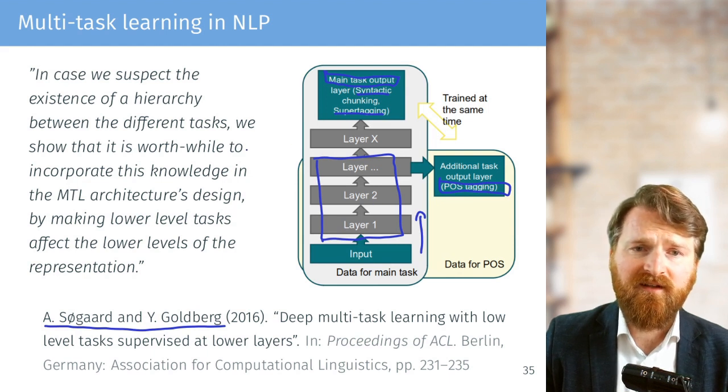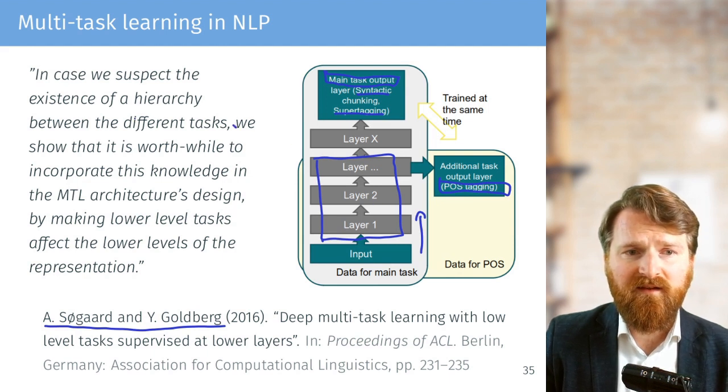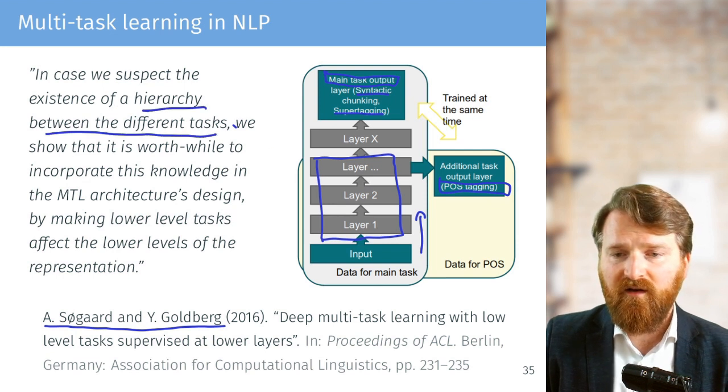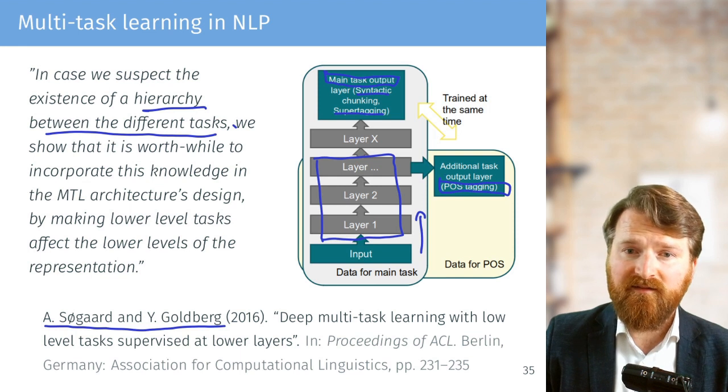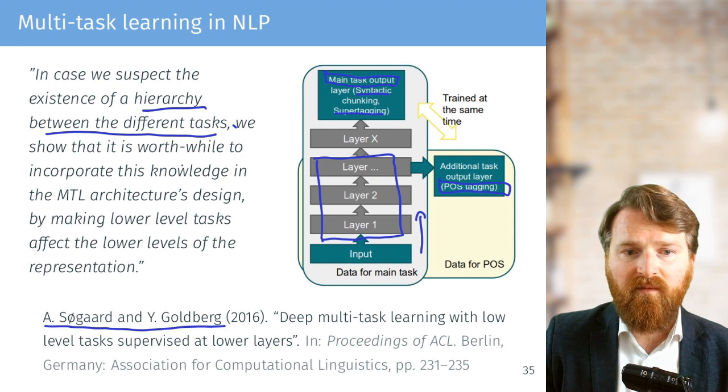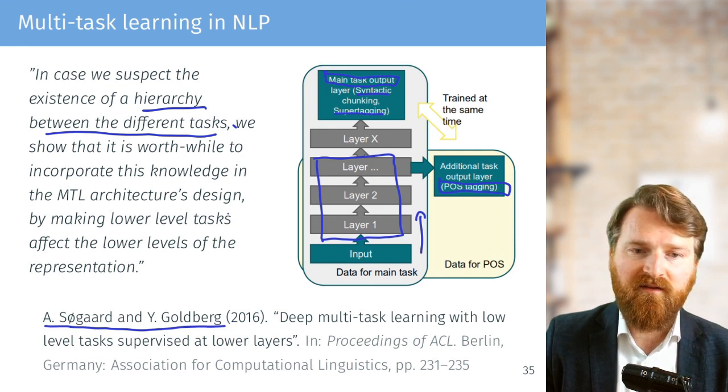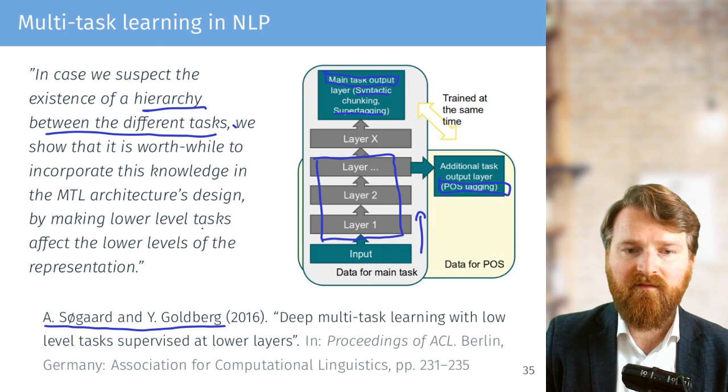And what the authors say is that they suspect that if there is a hierarchy between the different tasks, so for example here part of speech is considered more low level than syntactic chunking or supertagging, we show that it's worthwhile to incorporate this knowledge in the multitask learning architecture design by making lower level tasks affect the lower levels of the representation.